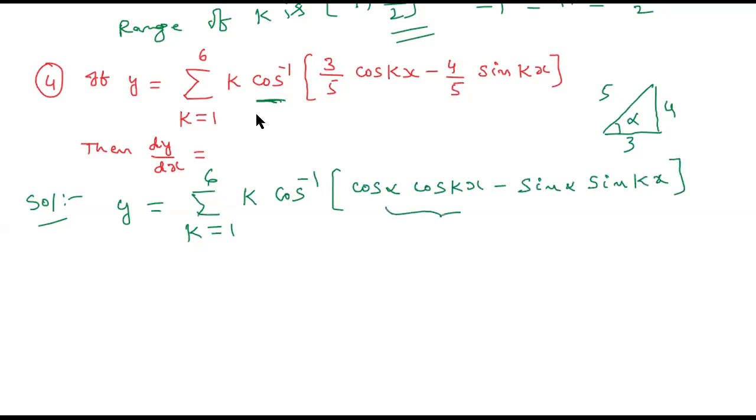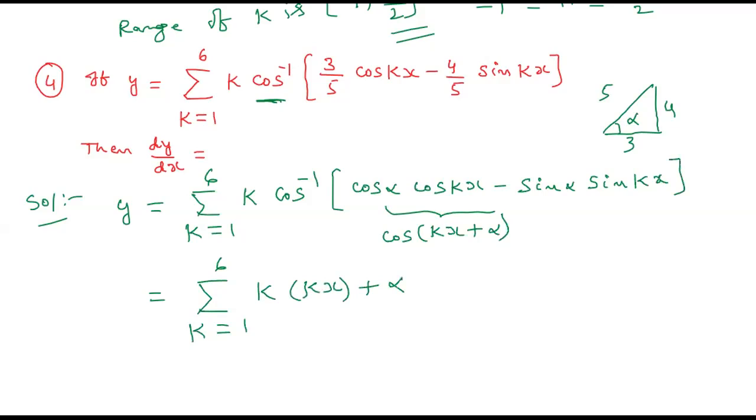Now this is totally, we are going to write cos of A plus B, cos of kx plus alpha. Here cos inverse is there now. Cos inverse cos is going to cancel. We get sigma k is equal to 1 to 6 k into kx plus alpha.